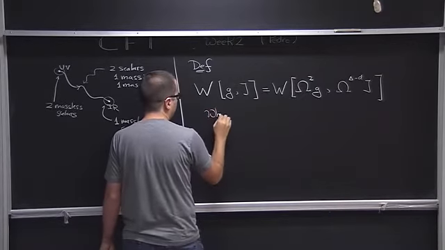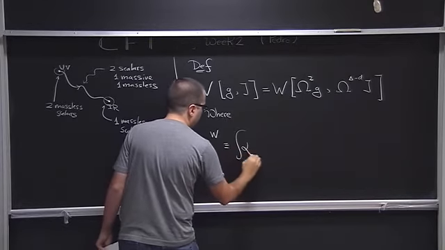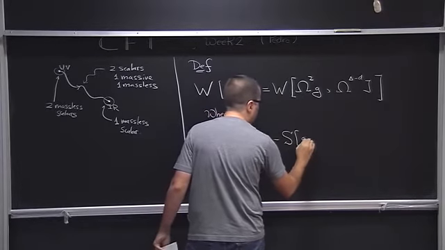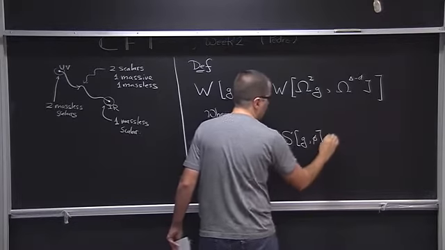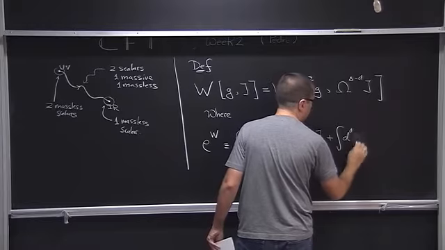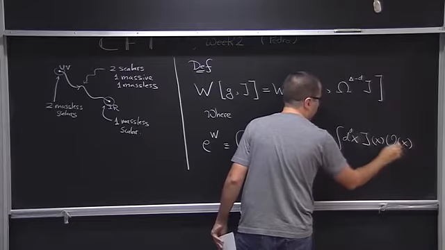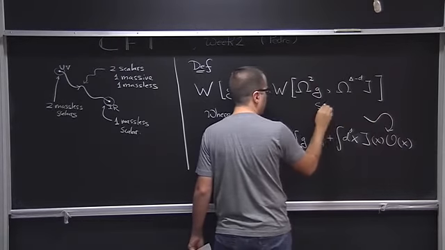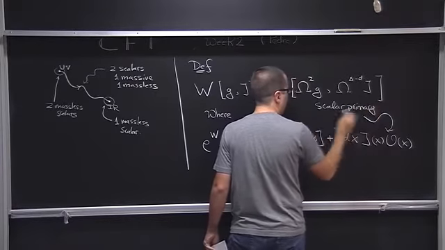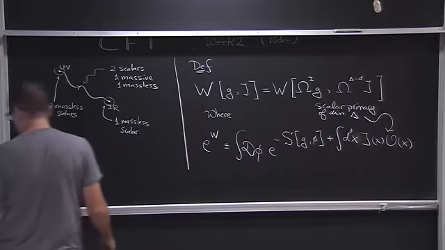Let me define the usual functional, as usual, e to the W, as John may have defined it, equal to integrating over all your fields, e to the minus the action in some given background of your field, plus the integral of your current times your field O, where for simplicity I'm assuming this O to be a scalar primary of dimension Delta. Okay?